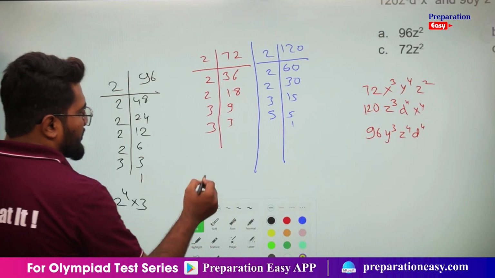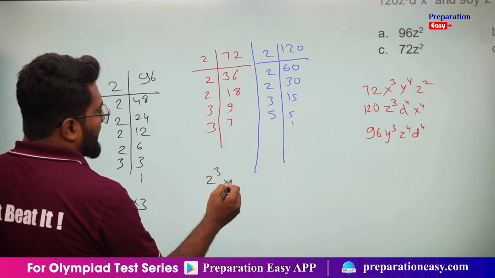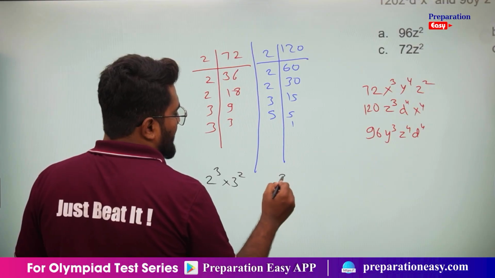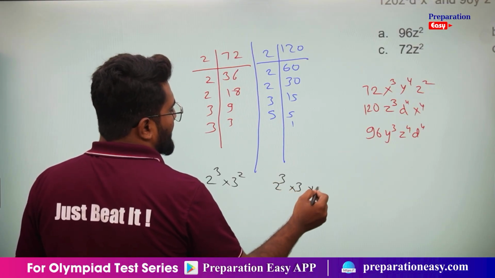72 can be written as 2 power 3 multiplied by 3 power 2, and 120 can be written as 2 power 3 multiplied by 3 multiplied by 5.